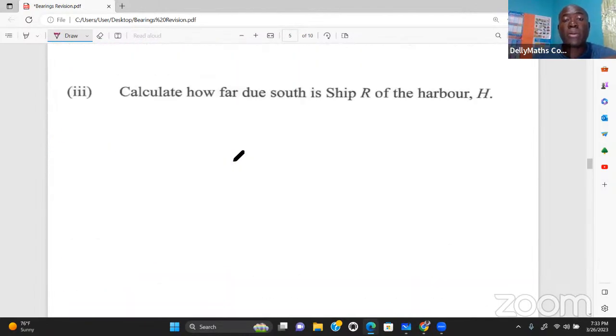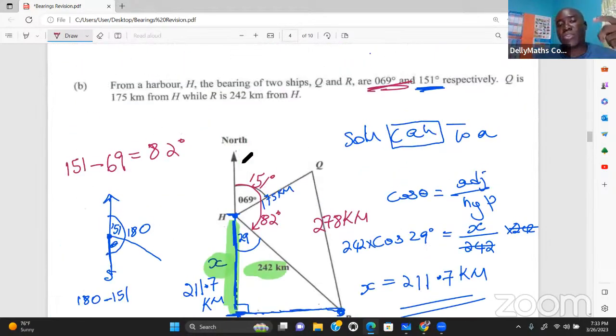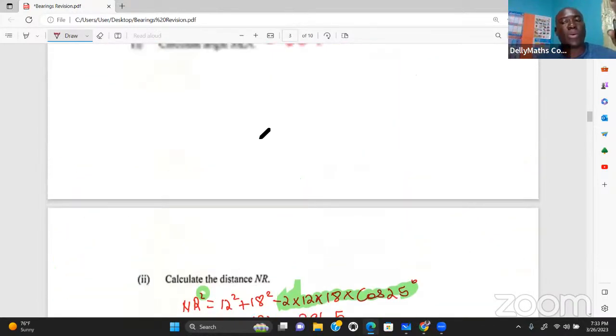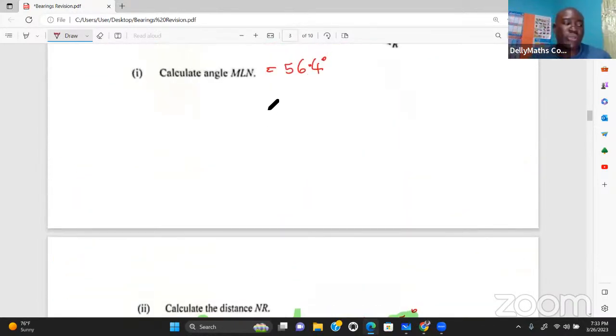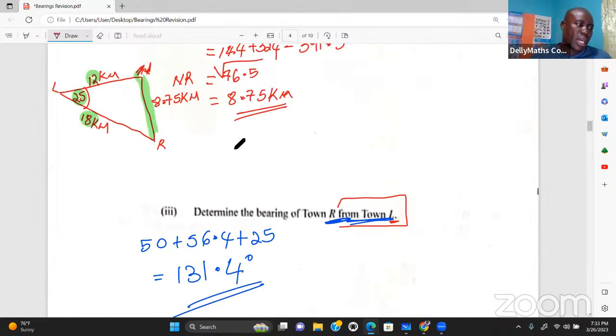So it's more about the cosine rule, the sine rule, the cosine rule, the sine rule, and then trig ratios. Because most times when you're dealing with bearings, it's not going to end up in a right angle triangle. And that is why, as you could see, you're going to have to employ the trig rules to go about doing that.